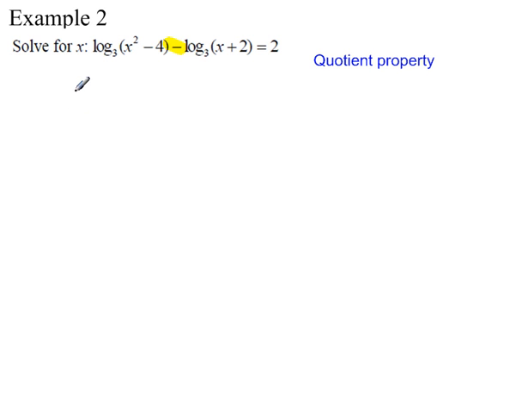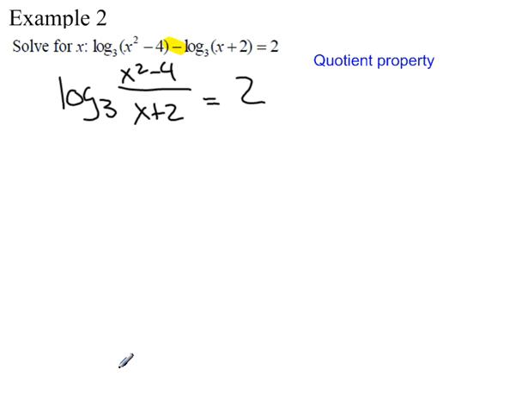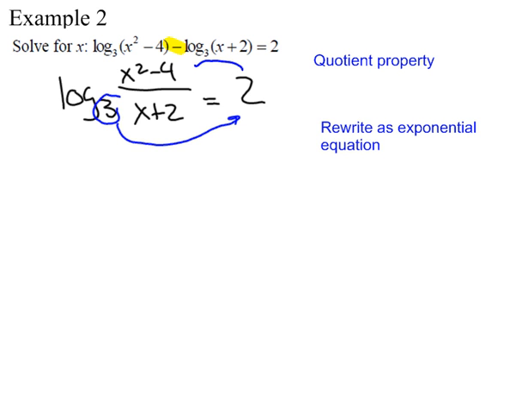That's going to allow us to rewrite this as log base 3 of x squared minus 4 over x plus 2 equals 2. Okay, now I can rewrite it as an exponential equation. So I'm just going to follow the arrows.